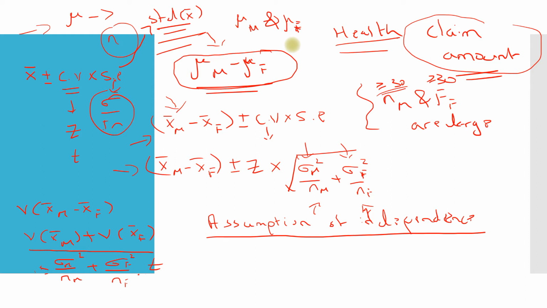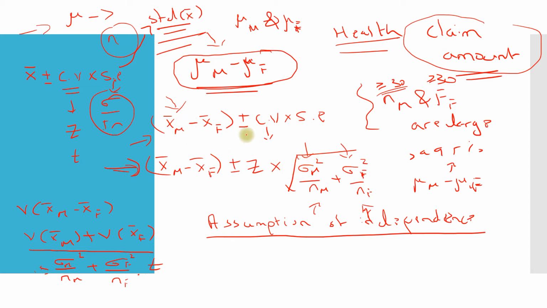Then, before you start writing down the confidence interval, you would say, assuming that the claim amounts for male and female are independent, a 95% confidence interval for mu m minus mu f is given by, and then you start applying the formula directly. But remember, the assumption is very important.